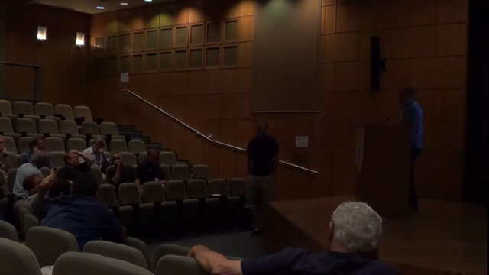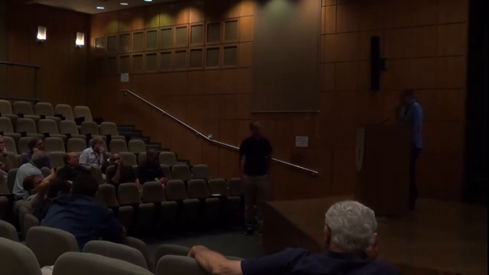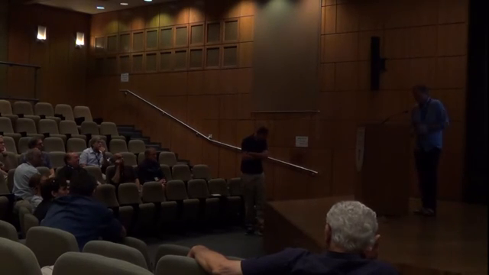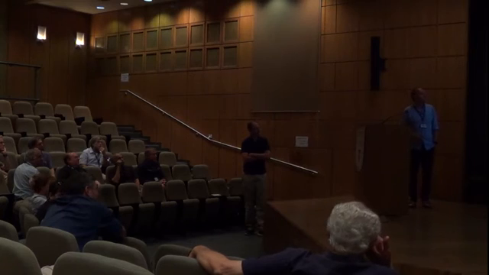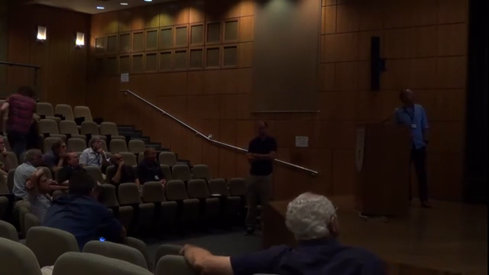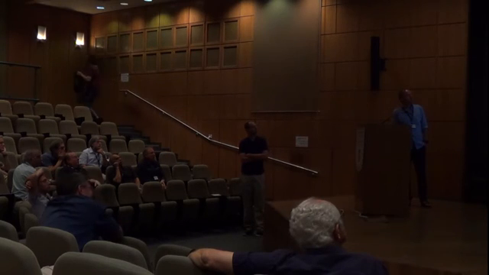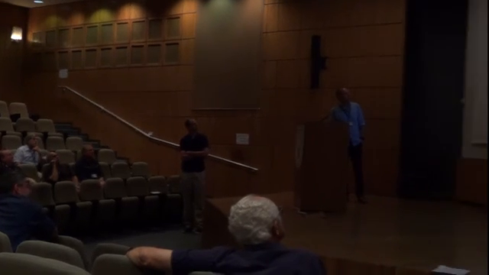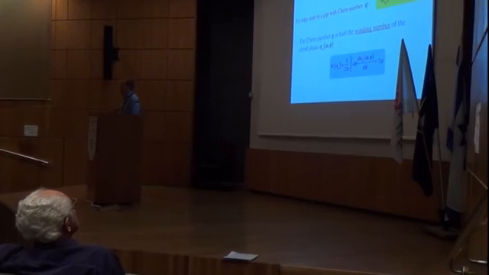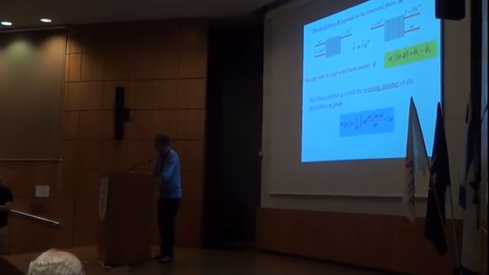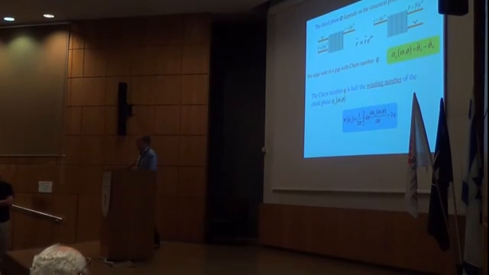Could you go back to your expression that you had 10 slides back for the Chern number integrals? The winding number? Yeah. There. Right. So I don't understand everything here, but clearly you have integers here. There are probably topological integers.